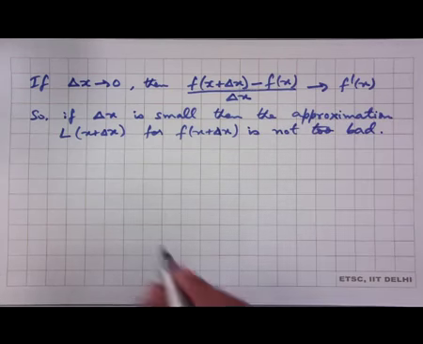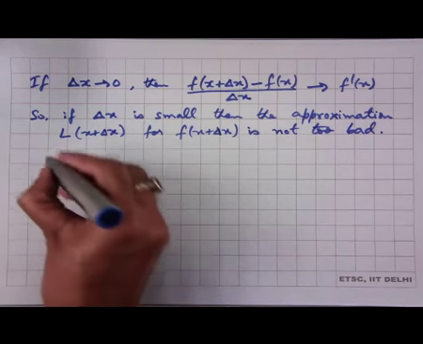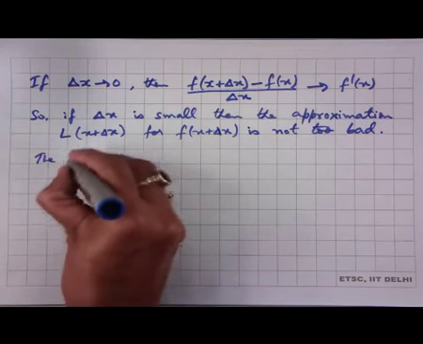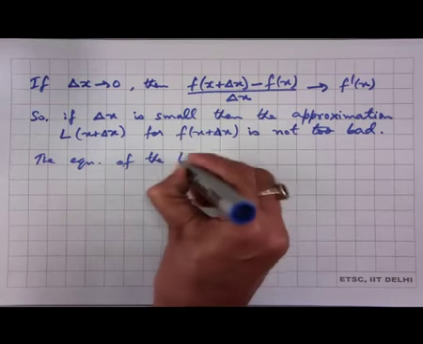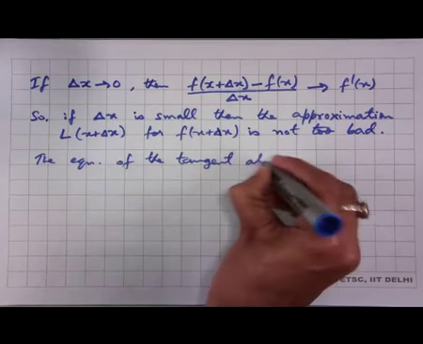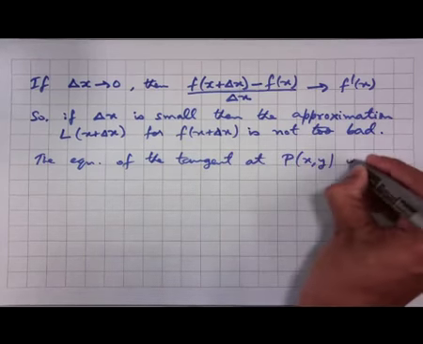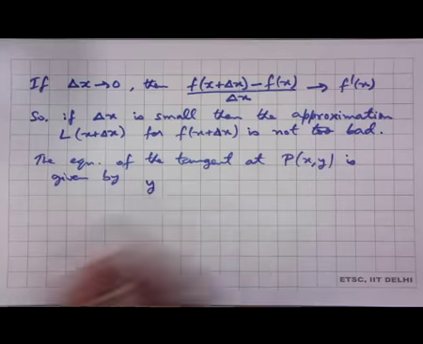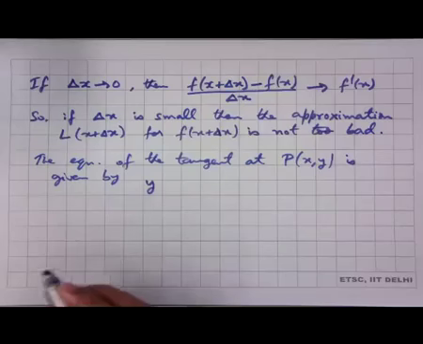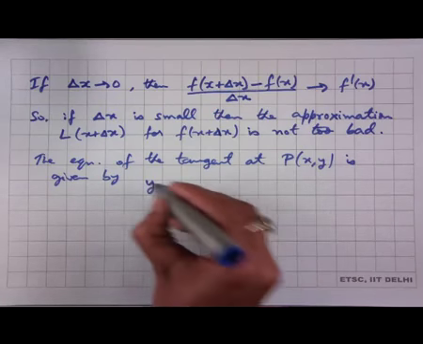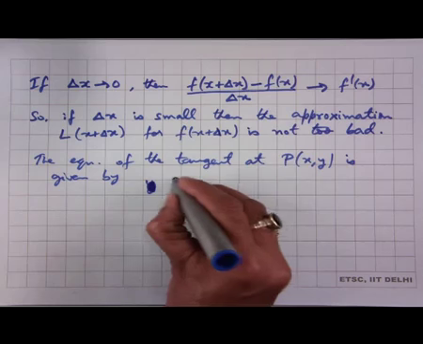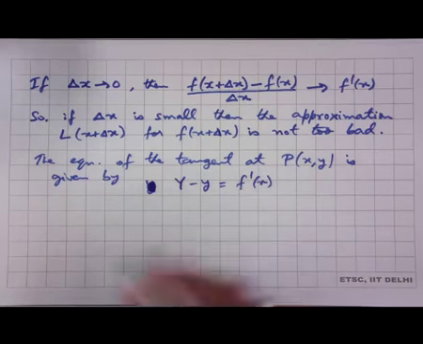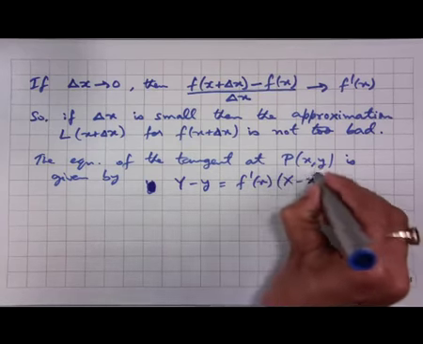So, let us write the equation. The equation of the tangent at P (x, y) is given by, because I am using y here, let me write this as capital Y minus y equal to f prime x, the slope of the tangent line, times capital X minus x.